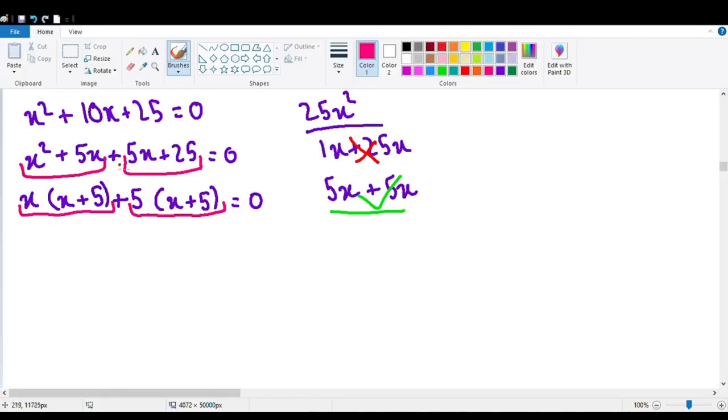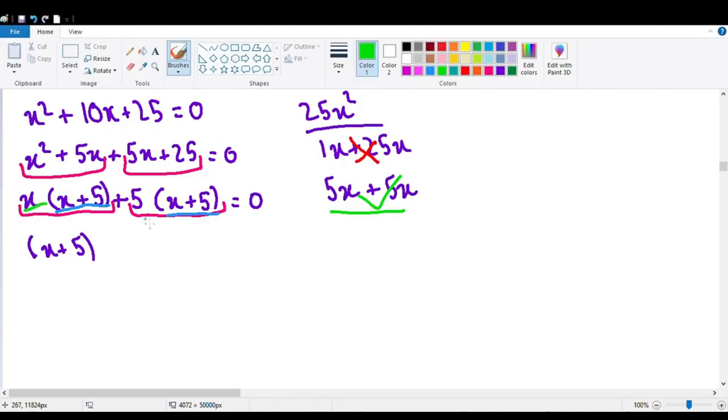So, over here, as we have these two, x plus 5 and x plus 5 are the same thing. So what we're basically going to do is write them both once. So it's going to be x plus 5, only once.